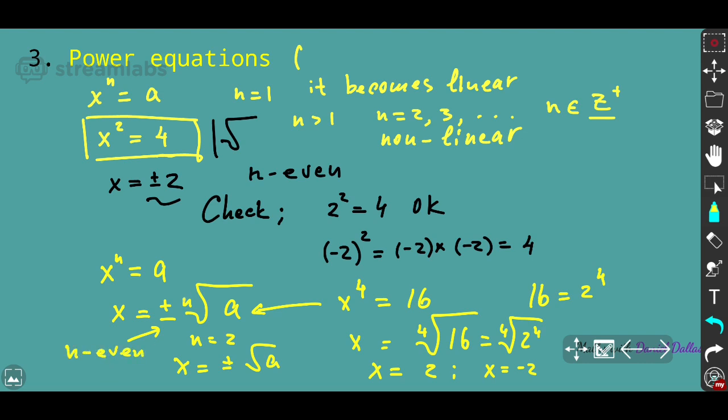I mean, you take plus and minus in case of even. If n is odd, your solution is just normally the nth root of a. Okay, that was the basics for power equations.